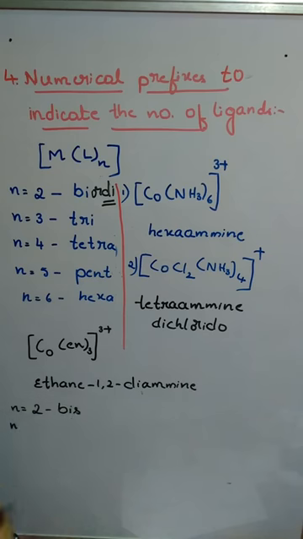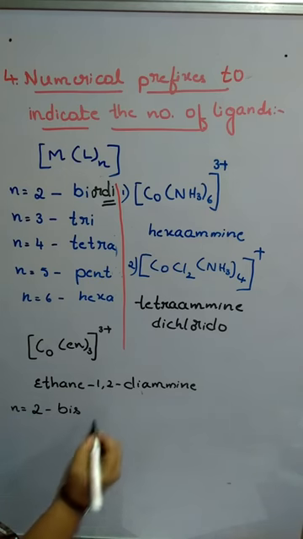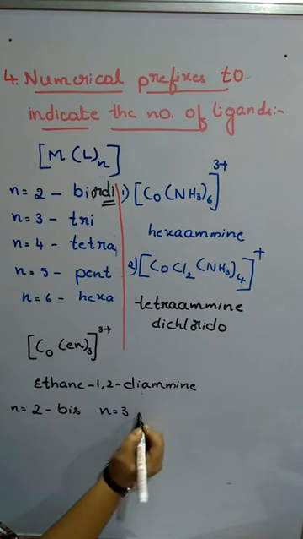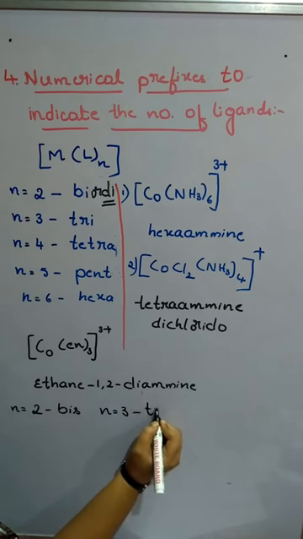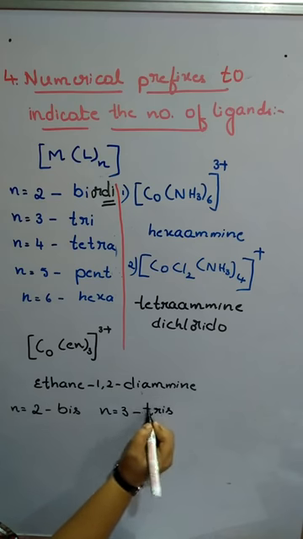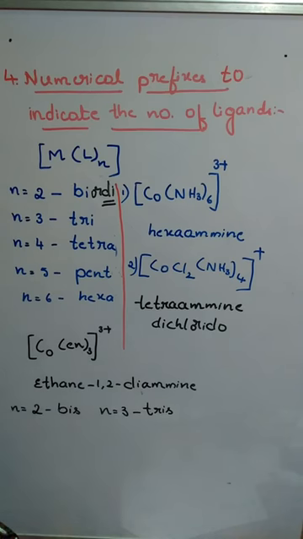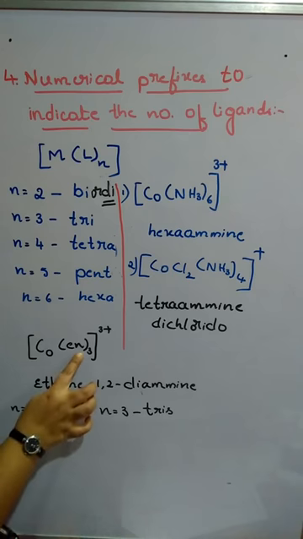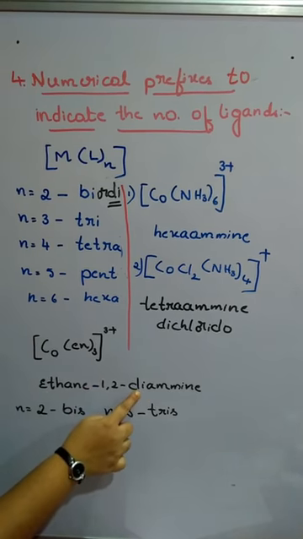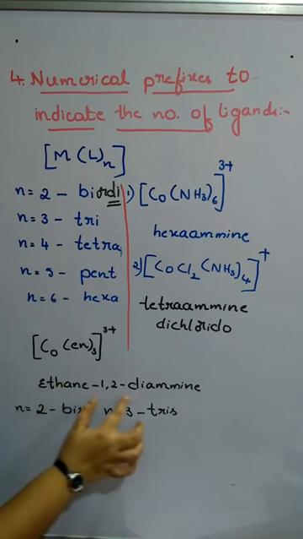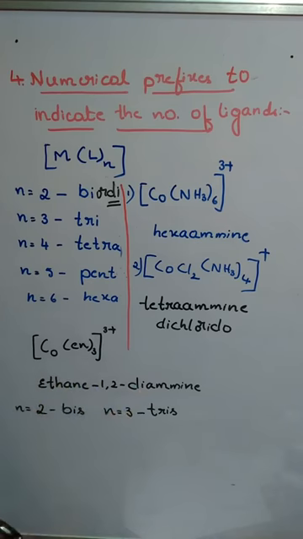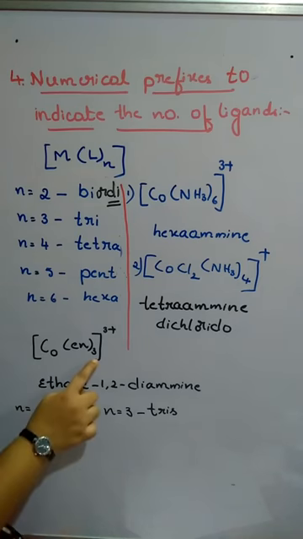If n is equal to 3, we use tris. So observe, if in the ligand's common name itself, di, tri or such things are there, then we use these to indicate the number of ligands. These are nothing but the number of ligands.